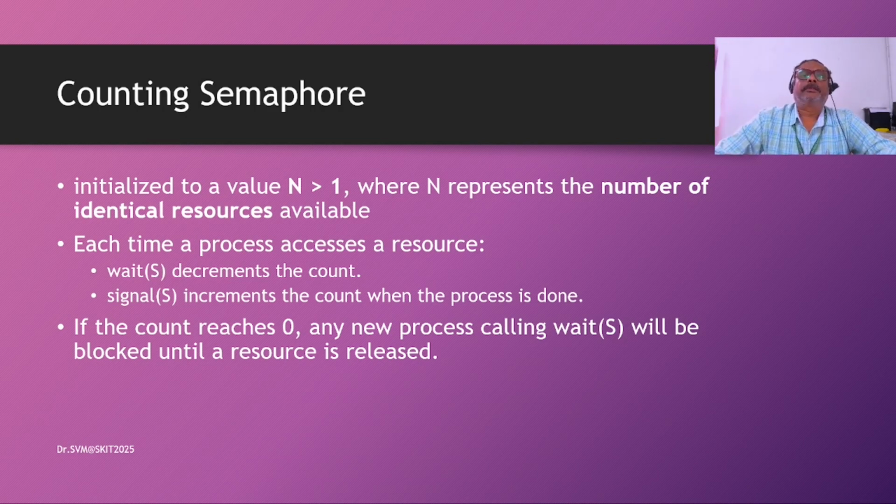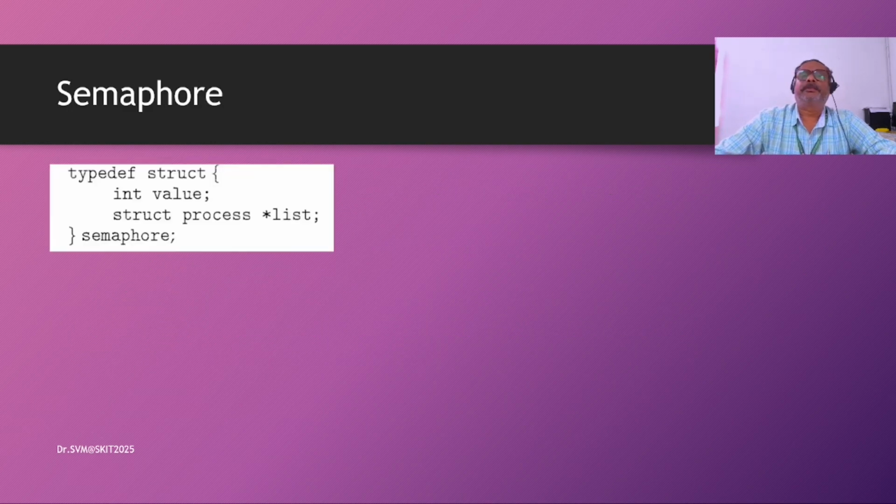So how does this make sense? Let's take it up. For every resource we have one list, which is used for storing the waiting processes.